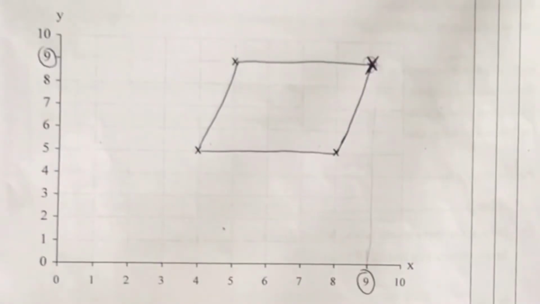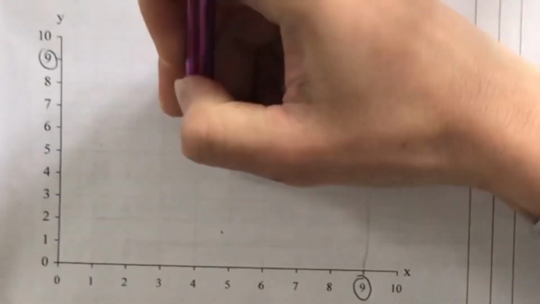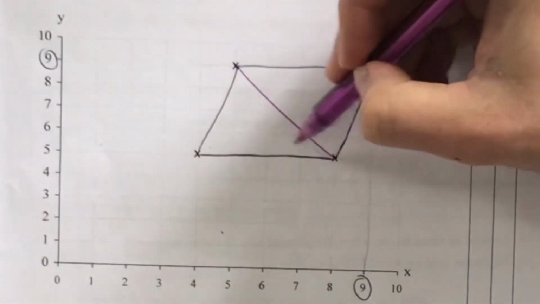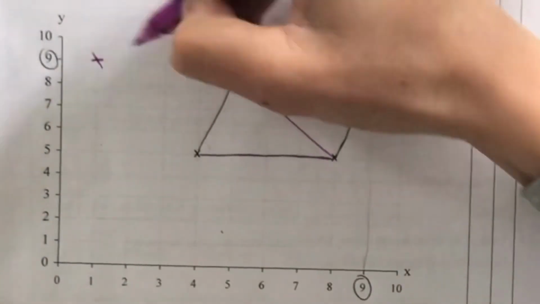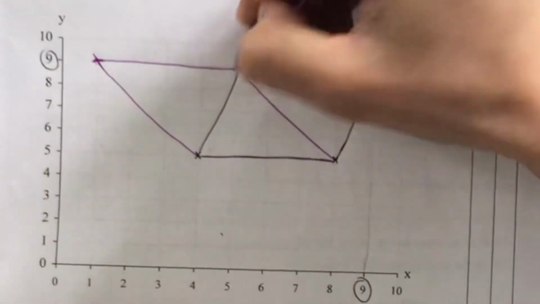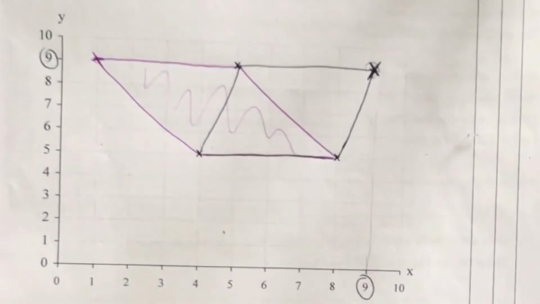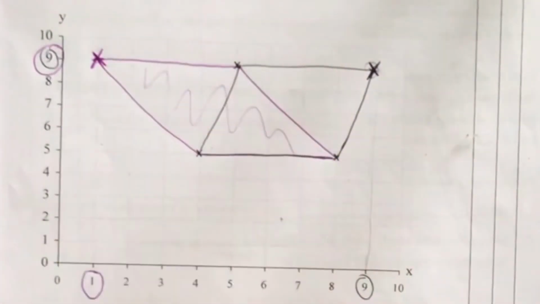For option number 2, if you join this line like this, and then you go 1, 2, 3, 4 across here to give that point, that would have made another parallelogram in this area. So your next option was 1, 9 for this point.